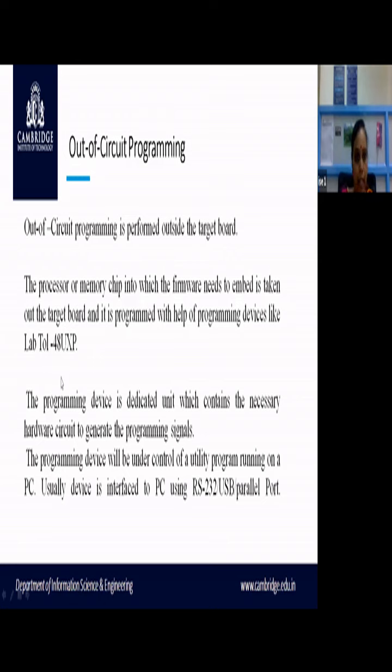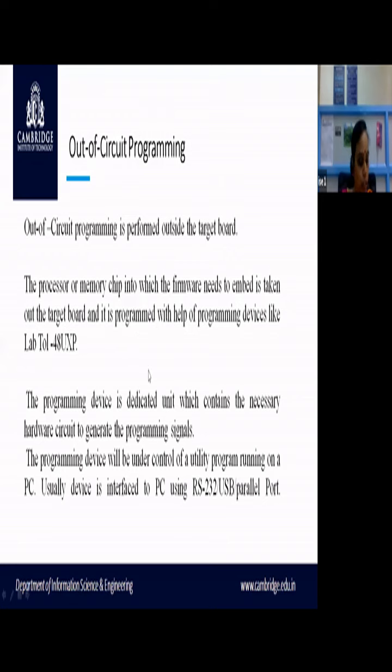It will be done with the help of programming devices like Labtool 48UXP. This is a device they will be using. The programming device is a dedicated unit which contains the necessary hardware circuit to generate the programming signals, and the programming device will be under the control of a utility program running on a PC. So in your PC you'll be running some utility program.